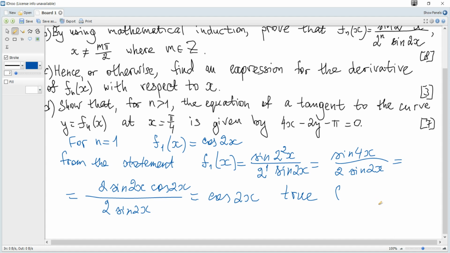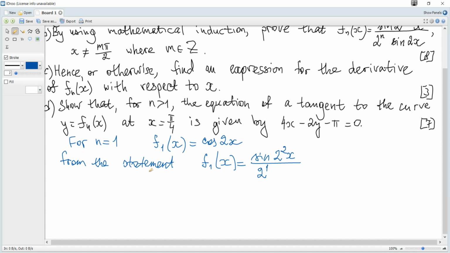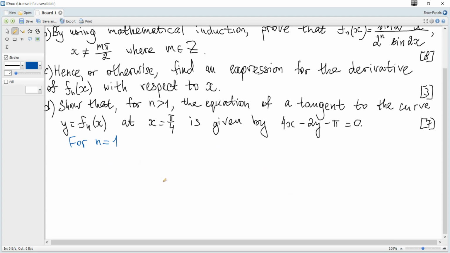As the next step, we write assume true for n equals k, and just rewrite the given statement.